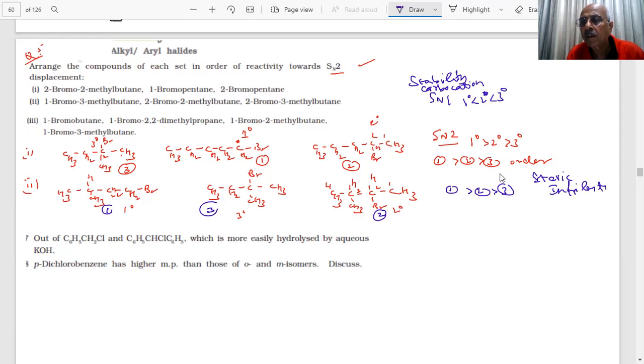The primary will be 1-bromobutane. Then 1-bromo-2,2-dimethylpropane, and 1-bromo-2-methylbutane. First, you should draw the structures and see where the steric factors are more. Where more steric hindrance is there, that will be the slowest.